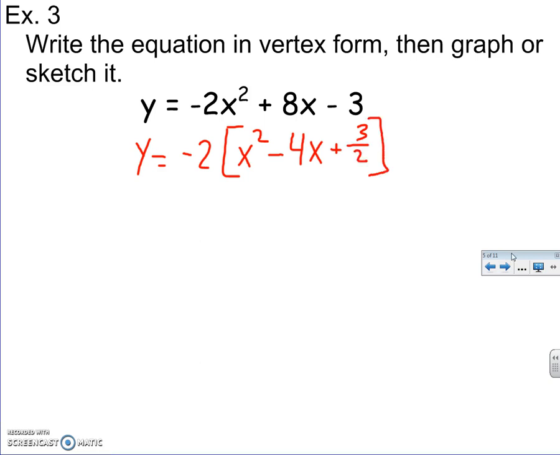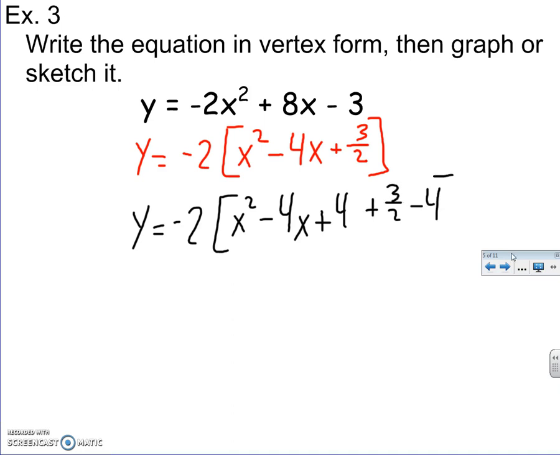So I'm going to take care of what's inside that grouping symbol. I'm going to do completing the square. So I'm going to find the magic number by doing b divided by 2. So negative 4 divided by 2 is negative 2. Square that. So that's a plus 4. That's my magic number, plus 4. And you can't just add it for no reason. You have to subtract it from the same side.